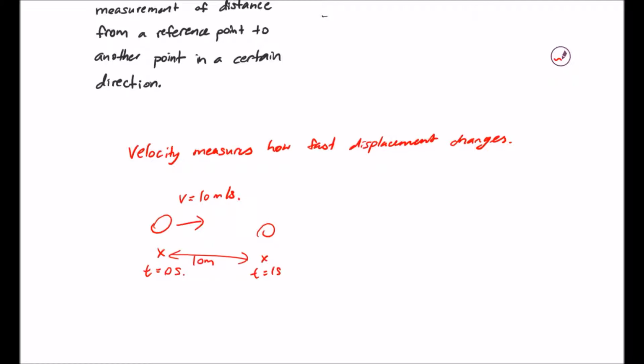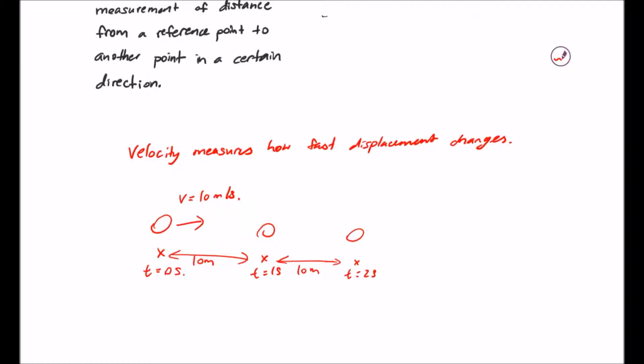So what happens at time equals 2 seconds? Again, we'll expect the ball to be somewhere around here, and the distance between time equals 1 second and time equals 2 seconds will be another 10 meters, because a velocity of 10 meters per second means that it travels 10 meters every second. But what is the displacement at time equals 2 seconds?